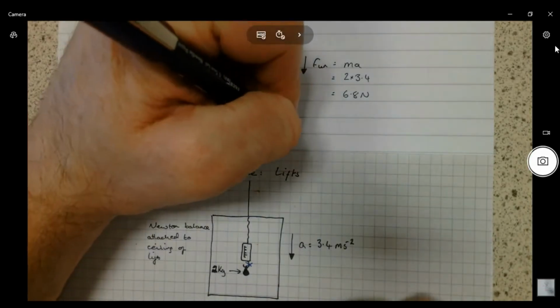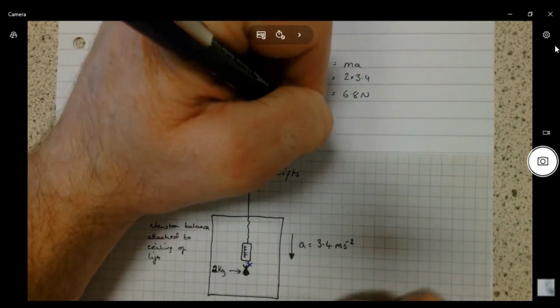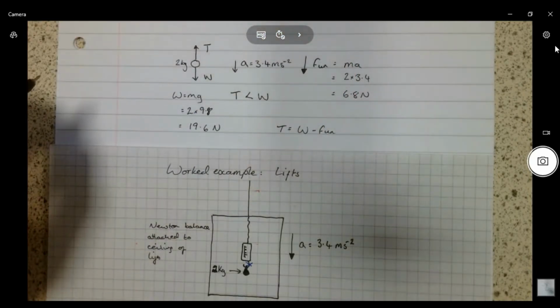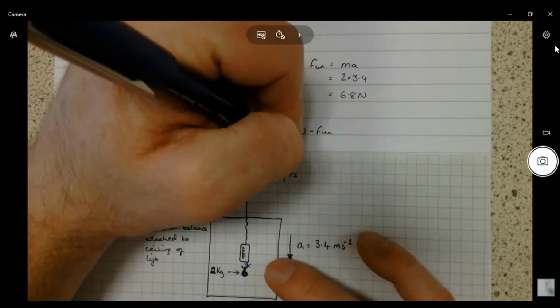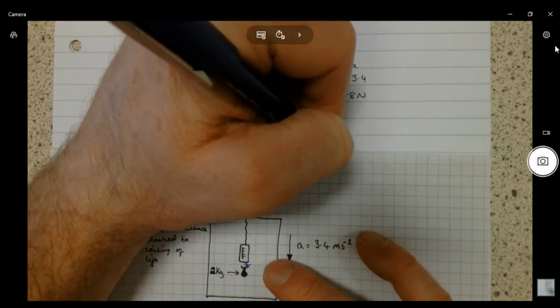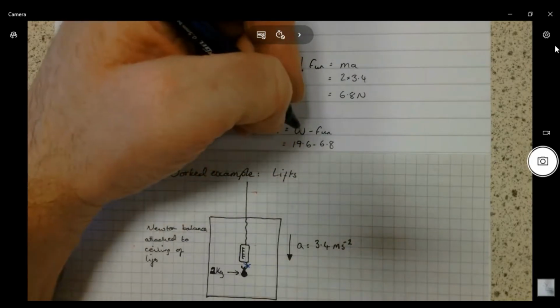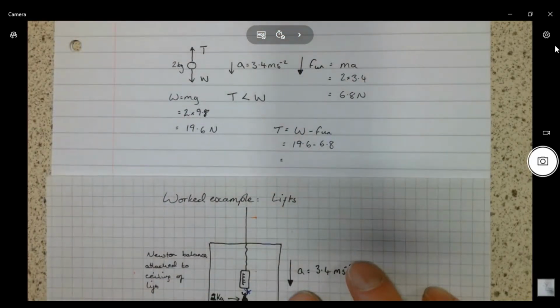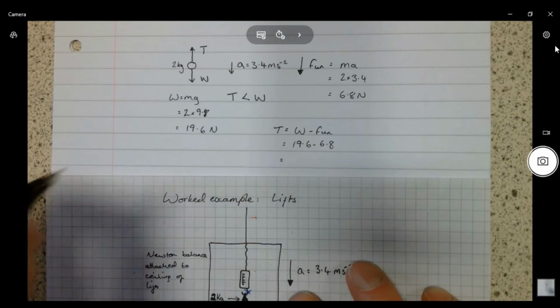And so the tension in this case will be weight minus F net. And that's going to give us 19.6 minus 6.8, and that's going to be 12.8.